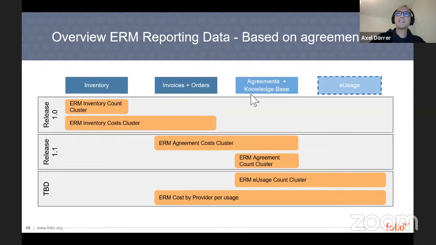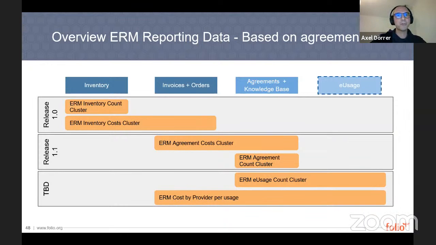And we also have some data in the agreements and knowledge base, which is great. Our test data came from Leipzig, and we have some test data from Cornell. I would like to thank these institutions for their contribution.